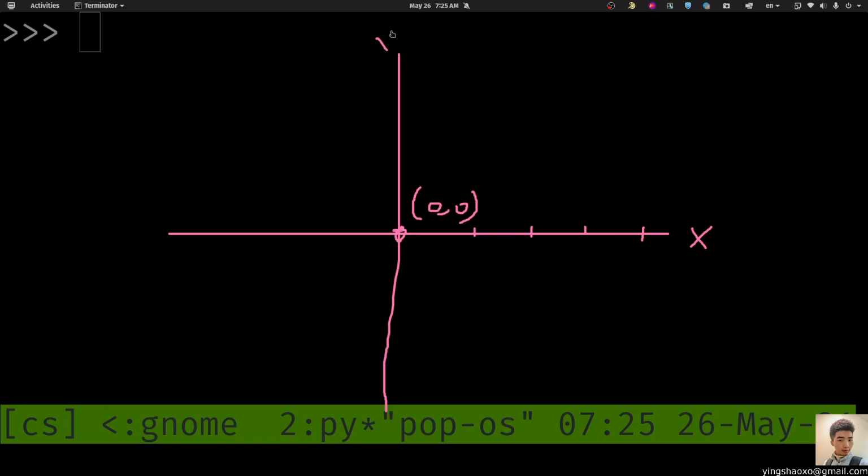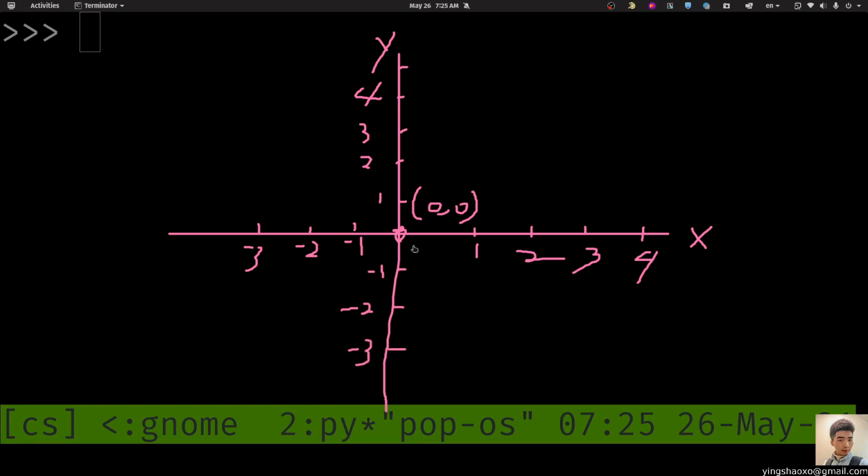I would call the horizontal line X and the vertical line Y. For the X, it could be 1, 2, 3, 4. For the Y, it could also be 1, 2, 3, 4, and so on. Of course, as you have already learned about negatives, you could also draw the negative lines. So now it's quite obvious why you need to master the concept of negatives, because you have to use it in the 2D plane.